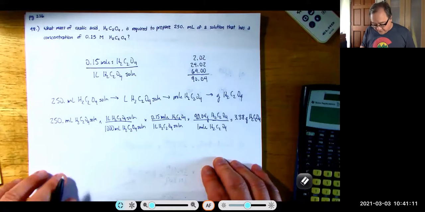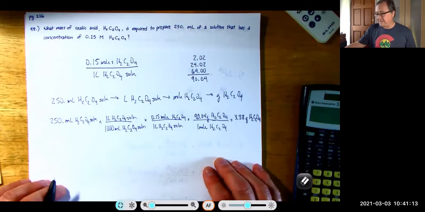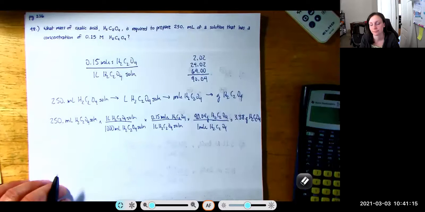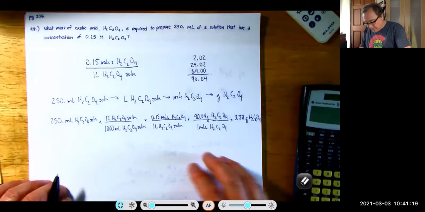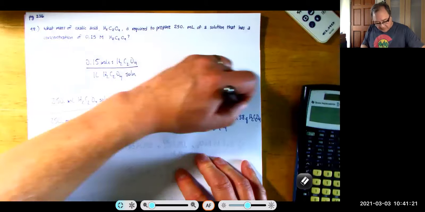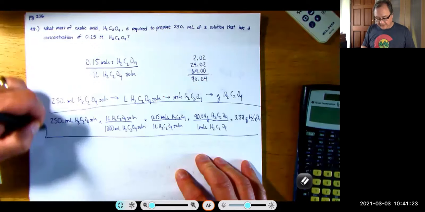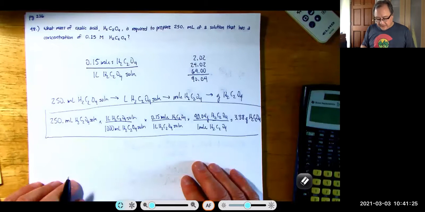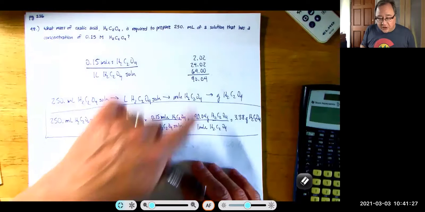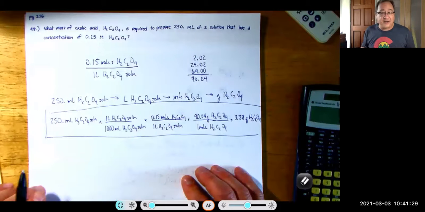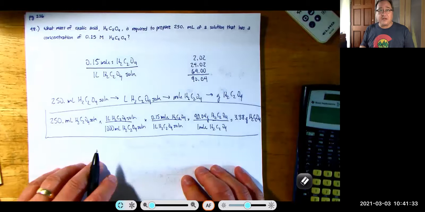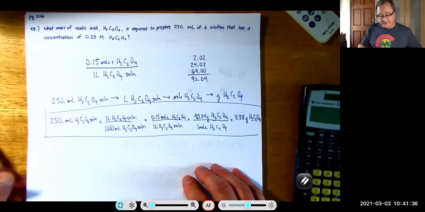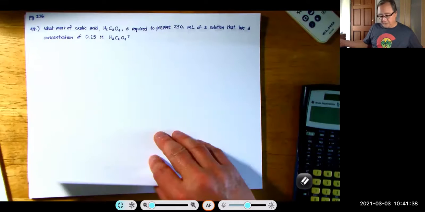I forget. 3.5? Yeah. So not too bad. So this is the type of work I would expect to see for a problem like this. At this point in time, I'm not really asking you to show me how to get the molar mass. You just better get it right. Any questions on this? Nope. Okay, we're going to move on.